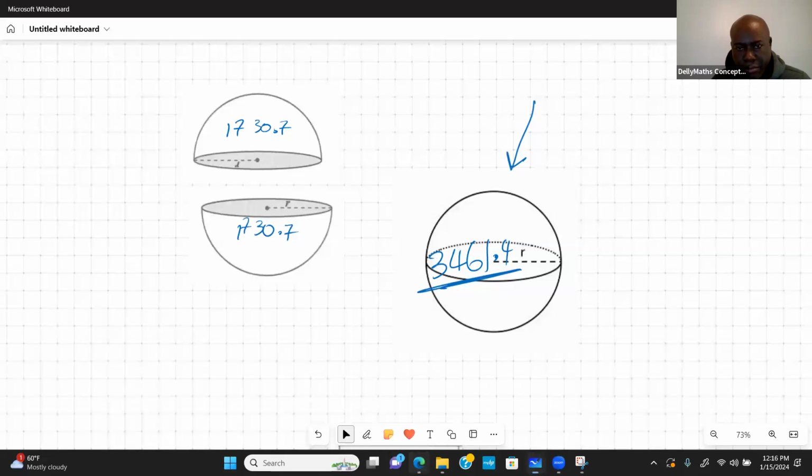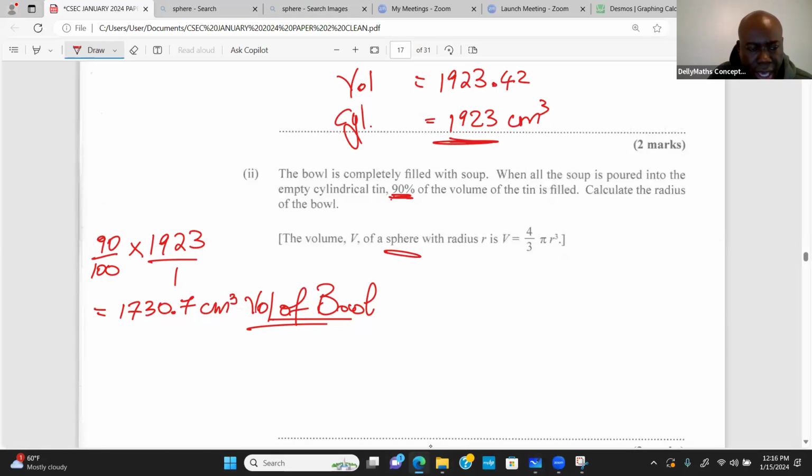So now we just agreed that to work out the volume of the sphere, we're going to have to multiply this by 2. So we work out the volume of the sphere. That's why we're going to use this formula. So this is the formula for the sphere.